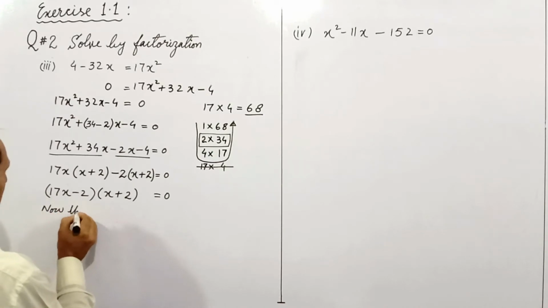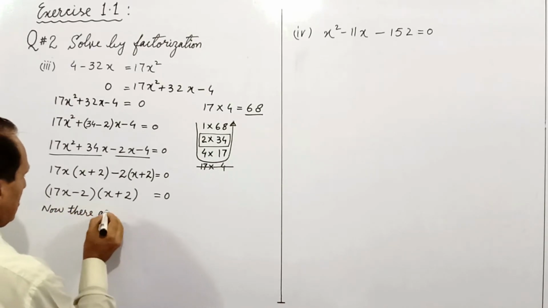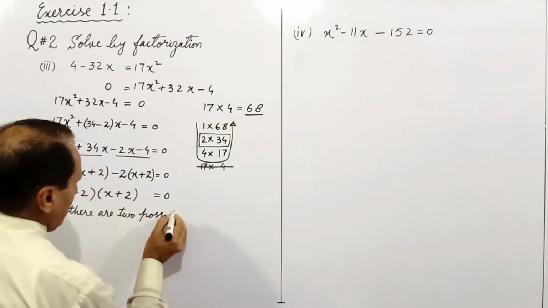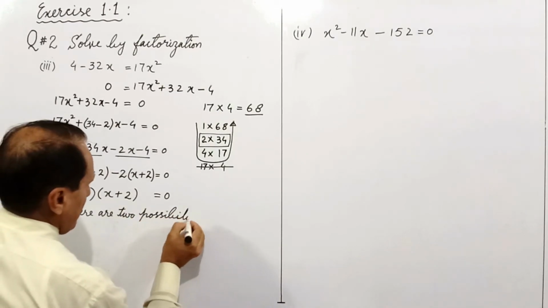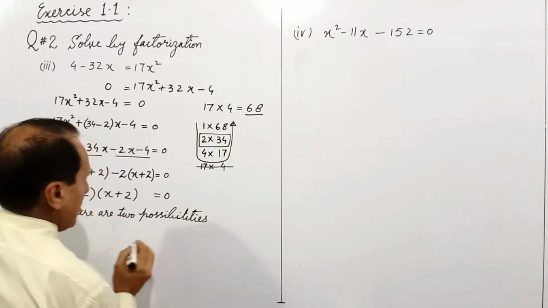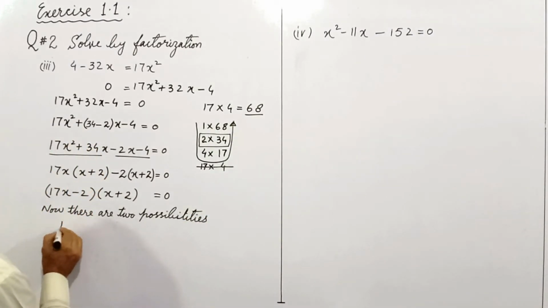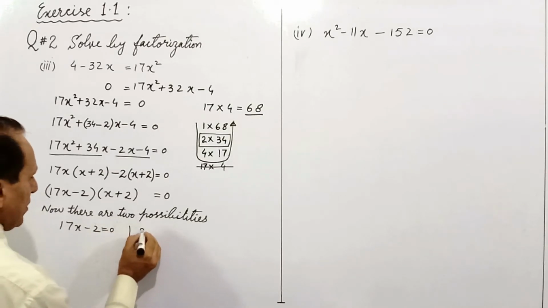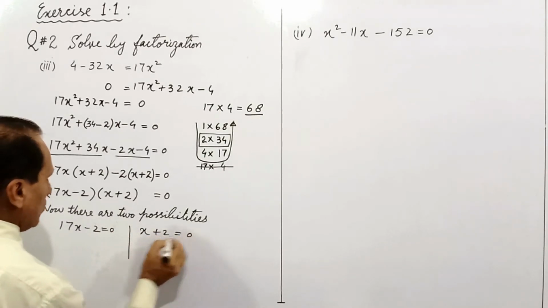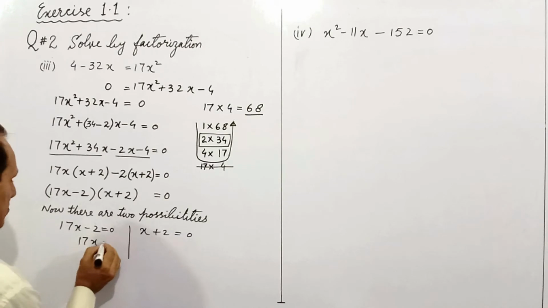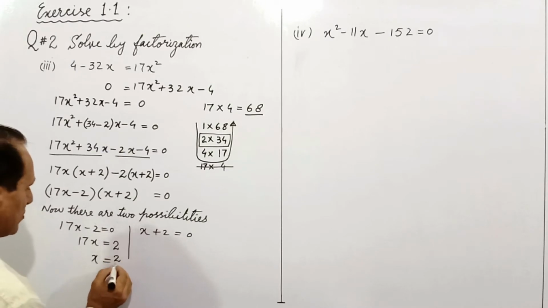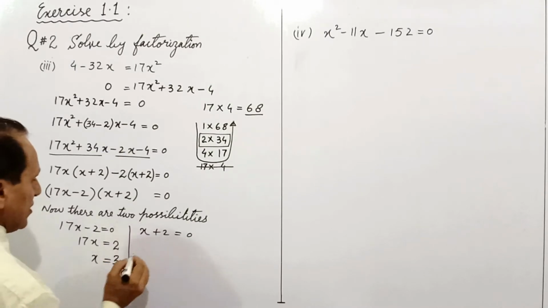Now there are two possibilities, and that is 17x − 2 = 0 or x + 2 = 0. In 17x − 2 = 0, 2 is taken to the right hand side, it becomes plus 2, 17 is taken to the right hand side, and that becomes 2 divided by 17.